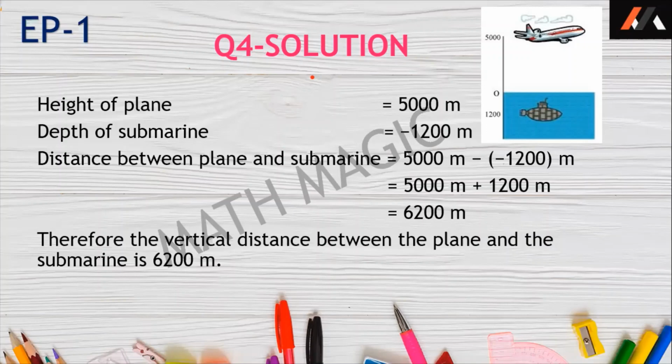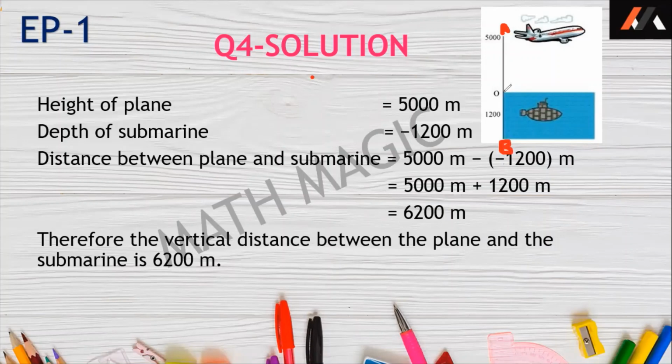There is another way to do this question. Now the height of the plane is taken as 5,000 meter and the depth of the submarine can be taken as positive 1,200 meter. Now, when it is asked in such a way, we can take this as OA and OB. Now we can add OA and OB.